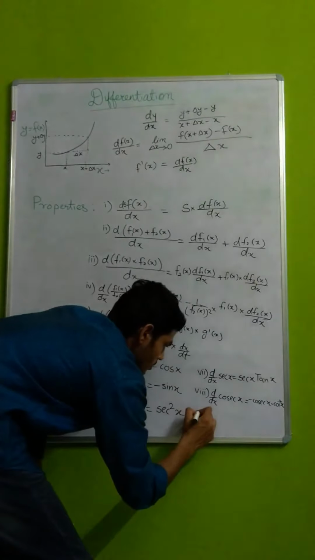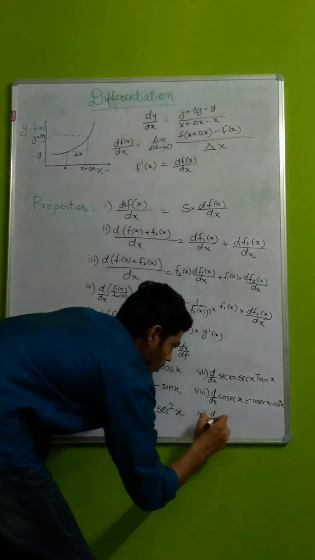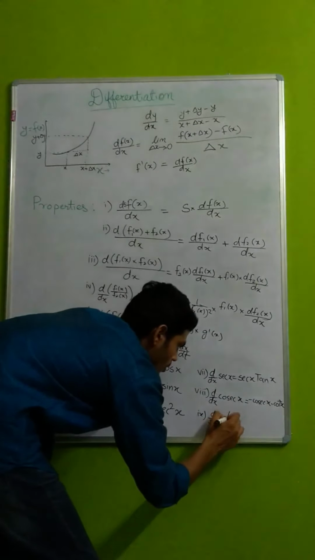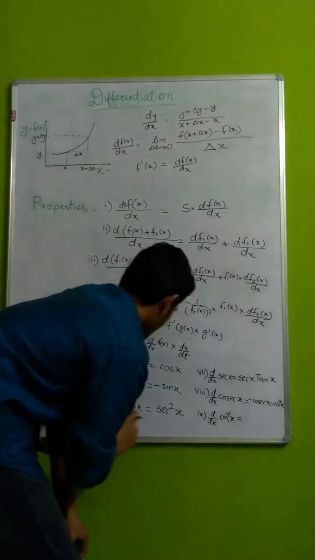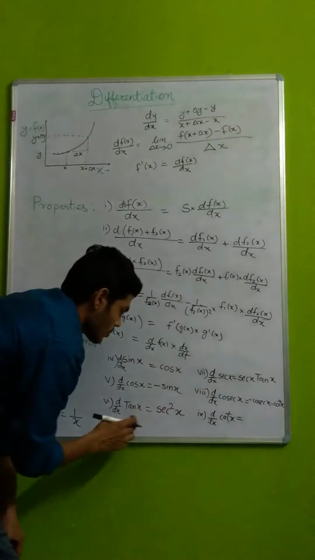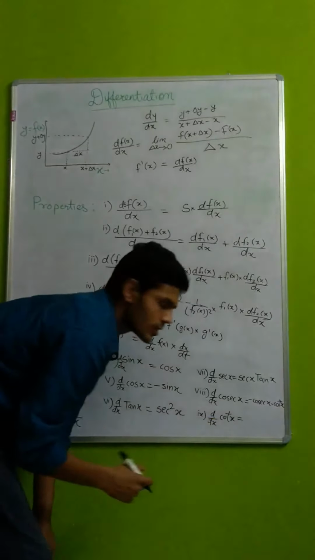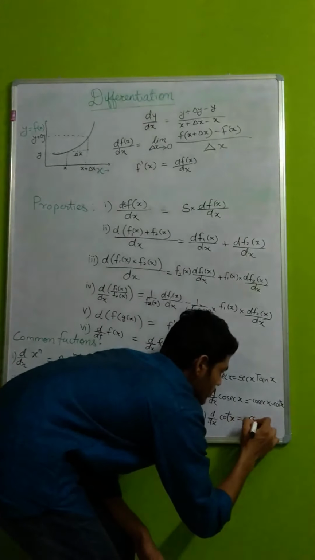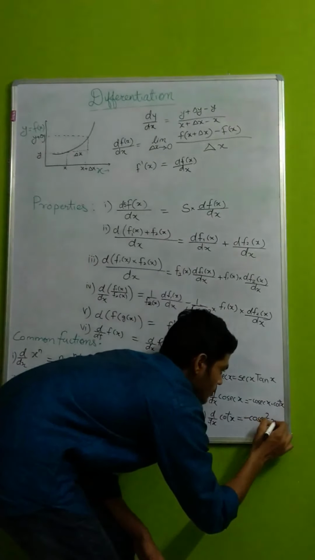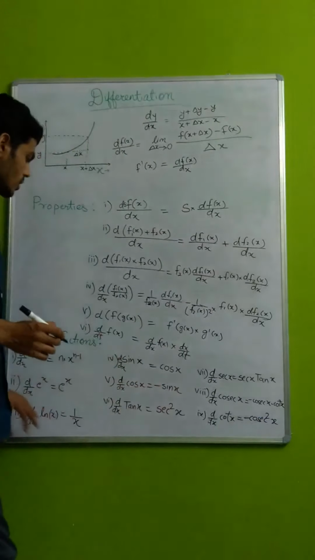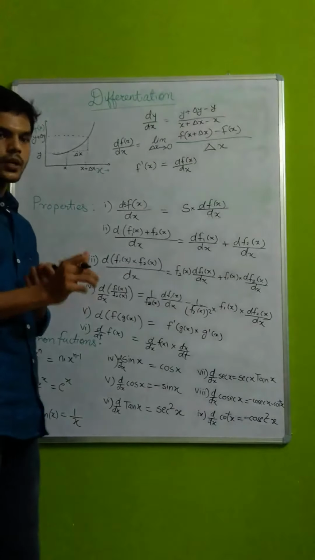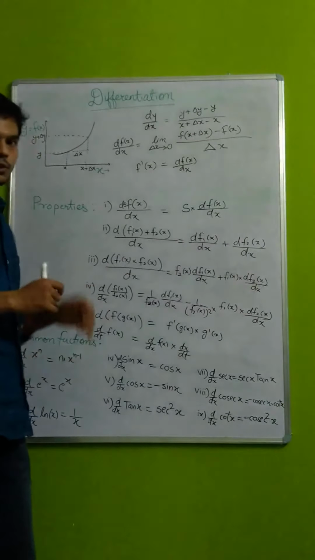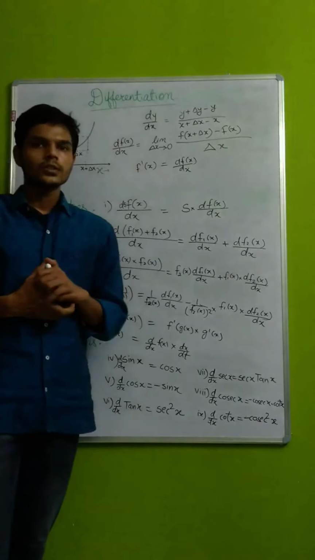And last one, dy dx of cot x इक्वल टू, यहाँ पे tan x का sec स्क्वायर x था, सो cot x का डिफरेंशिएशन हो जाएगा माइनस cosec स्क्वायर x. So these you have to learn. It is important whenever we have to find the differentiation of trigonometric function or this regular function. So this is differentiation.